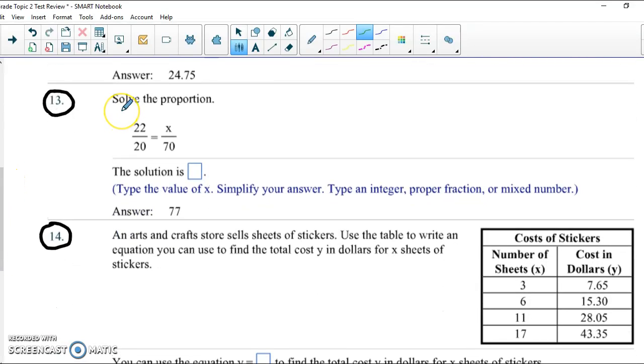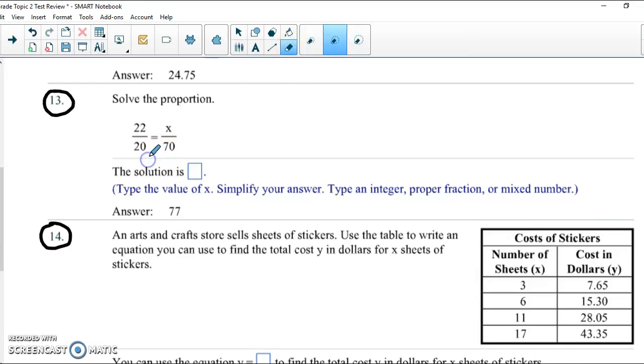On number 13, when I'm solving the proportion, 22/20 equals x over 70, I notice that I can't take a 20 and turn it into a 70. But I do have two other strategies.